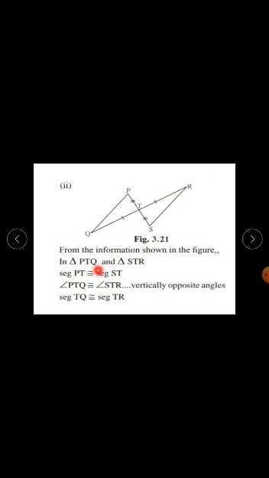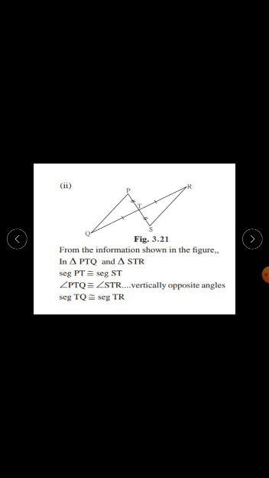So in triangle PTQ and triangle STR, seg PT is congruent to seg ST, given. Two identical lines here, and here also. And angle PTQ is congruent to angle STR. Which type of angle? Vertically opposite angles. So the reason is vertically opposite angles.